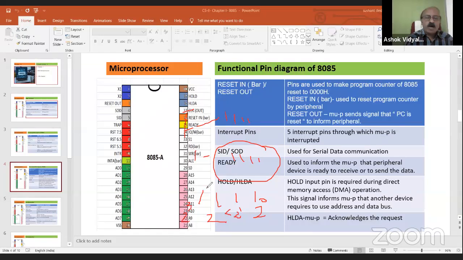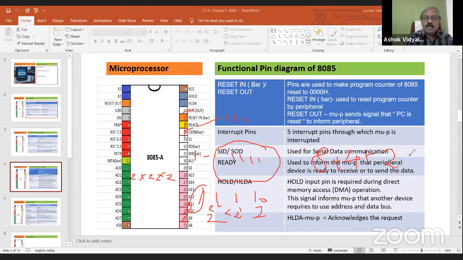Now when a bit is 1, it means on. So 2 raised to 3 is 2 into 2 into 2, which is 8. Plus 2 raised to 2, which is 4. 8 plus 4 is 12. Plus 2 raised to 1, that is 2.